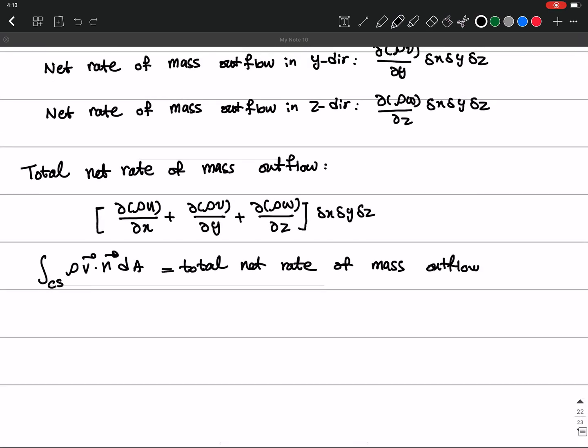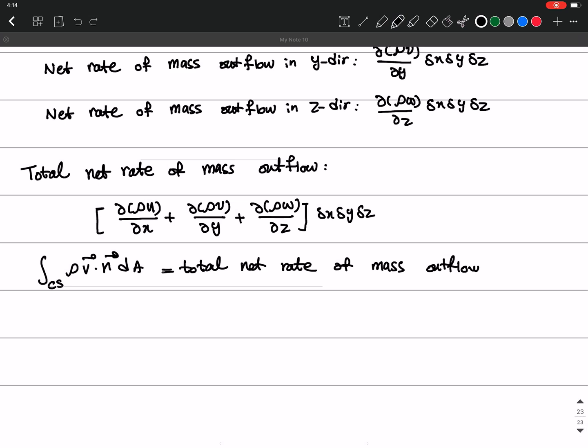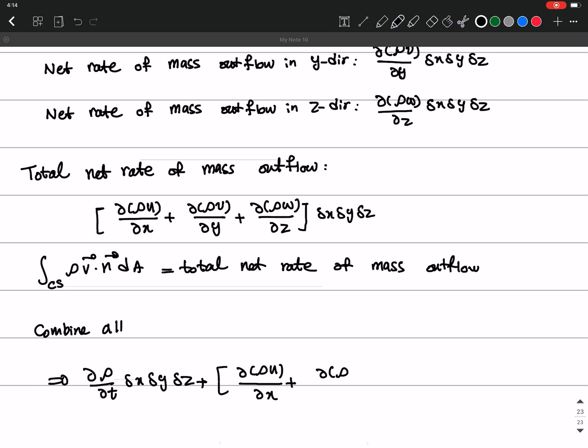So if you combine that with this net rate of mass outflow, combine all of them together, what we get is partial rho over partial t delta x, delta y, delta z plus the control surface form, which is partial rho u over partial x plus partial rho v over partial y plus partial rho w over partial z, delta x, delta y, delta z equals to 0.